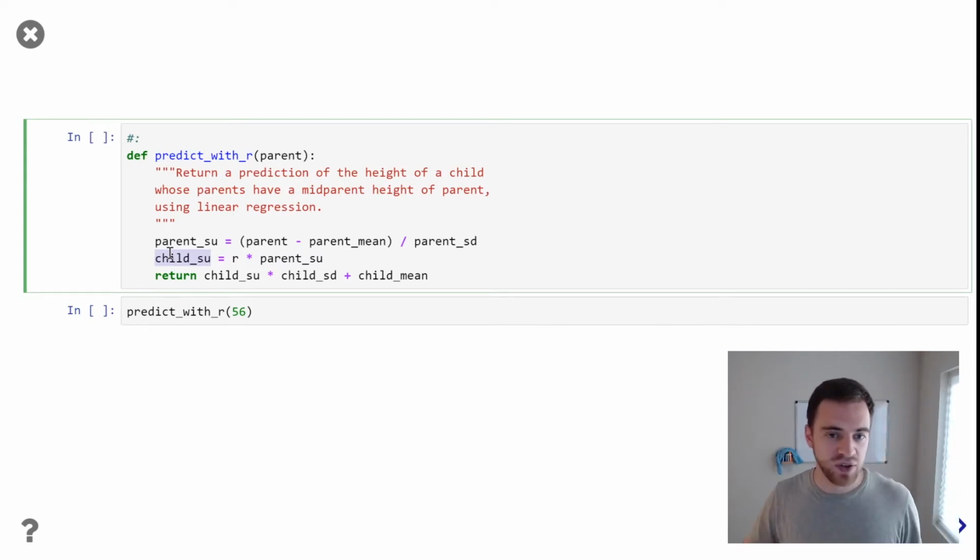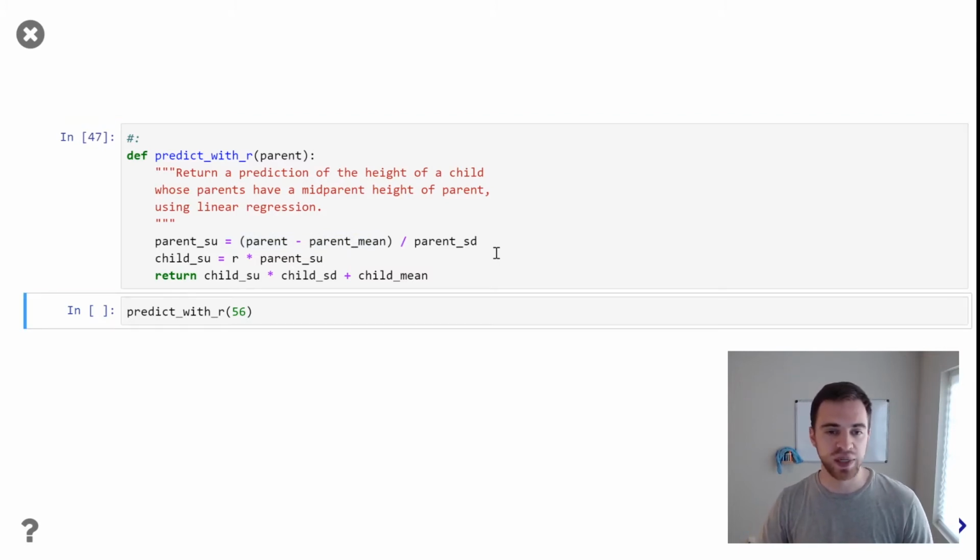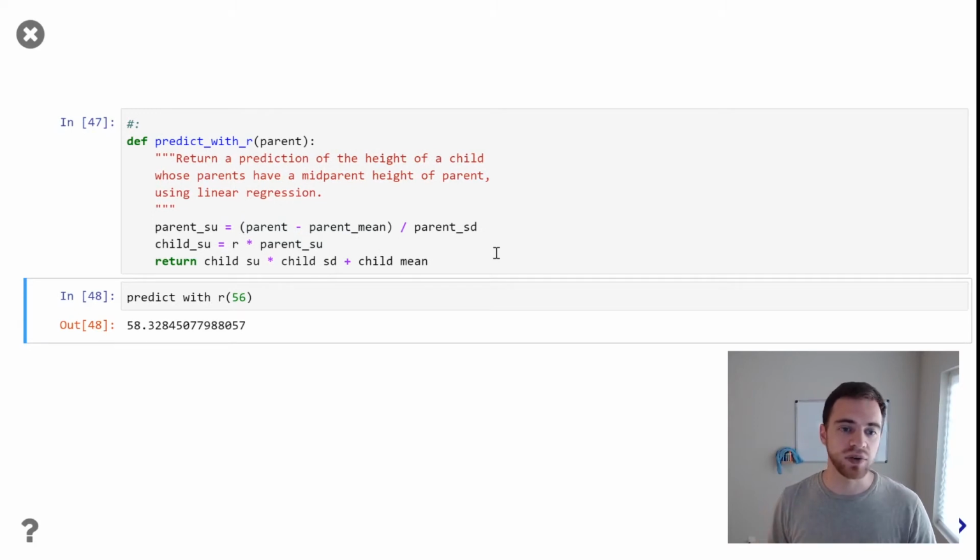To convert back, the inverse of subtracting the mean and dividing by the standard deviation is multiplying by the standard deviation and adding the mean. This gives me a function that says, suppose the parents are 56 inches tall. Their child is likely to be 58 inches tall. Suppose the parents were 70 inches tall in mid-parent height. Their child is likely to be 67 inches tall.